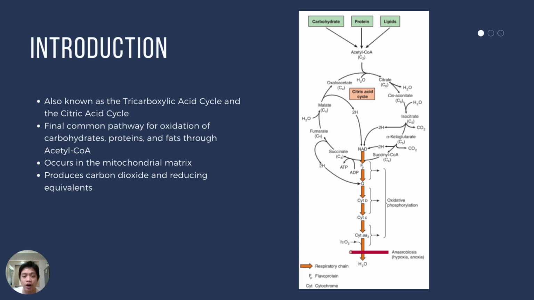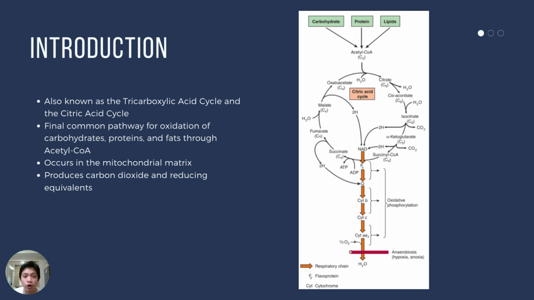Through the cycle, the carbons that are contained in citrate are oxidized, combined with oxygen, to liberate carbon dioxide. But at the same time, these processes produce reducing equivalents.